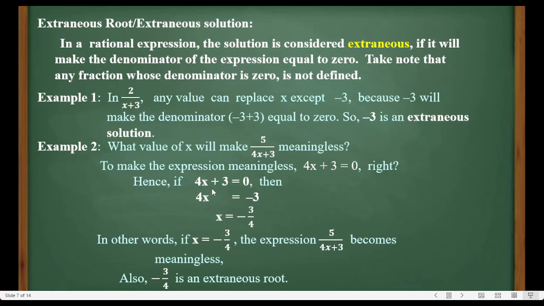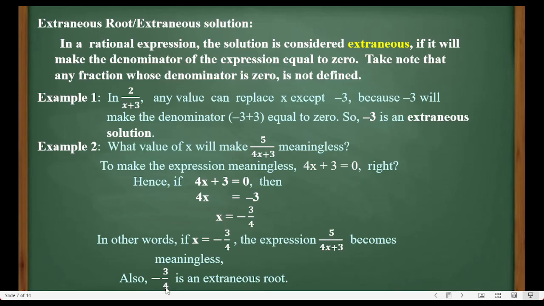So if we're going to solve that, you will notice that from this step-by-step way of finding x, we obtain negative 3/4. Therefore, the value of x which is responsible for making this expression meaningless is negative 3/4. And negative 3/4 is what we call the extraneous root.